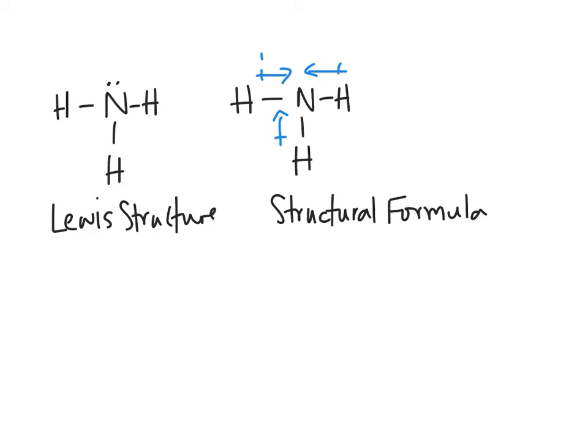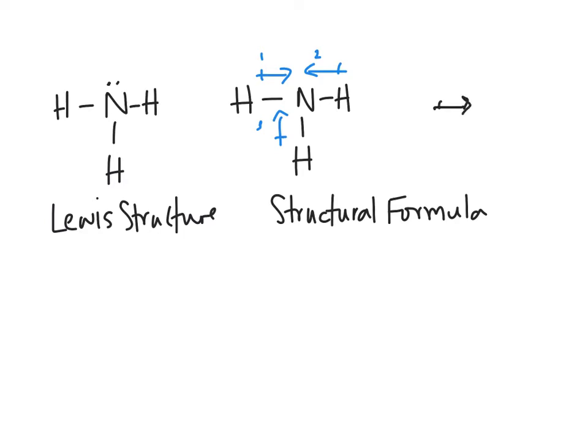So we're going to call this vector 1, vector 2, and vector 3. These are all equal in size because they're the same difference in electronegativity. So what we do is we add the vectors together. Pick one vector to start with. We're going to start with vector number 1. So it goes in this direction.